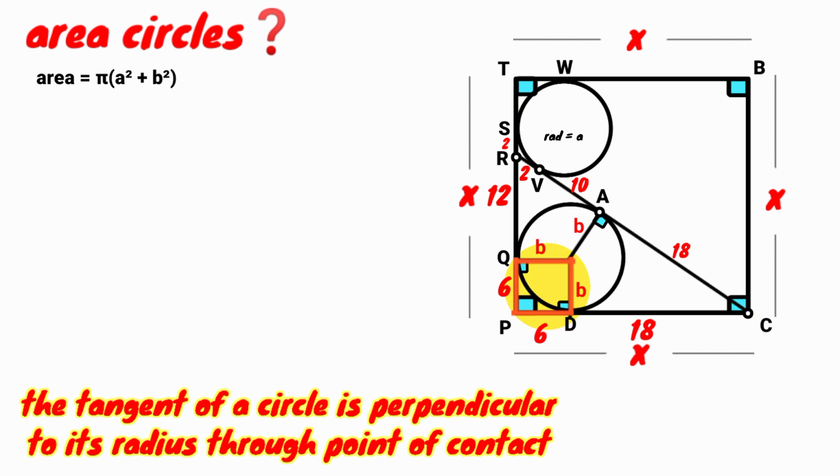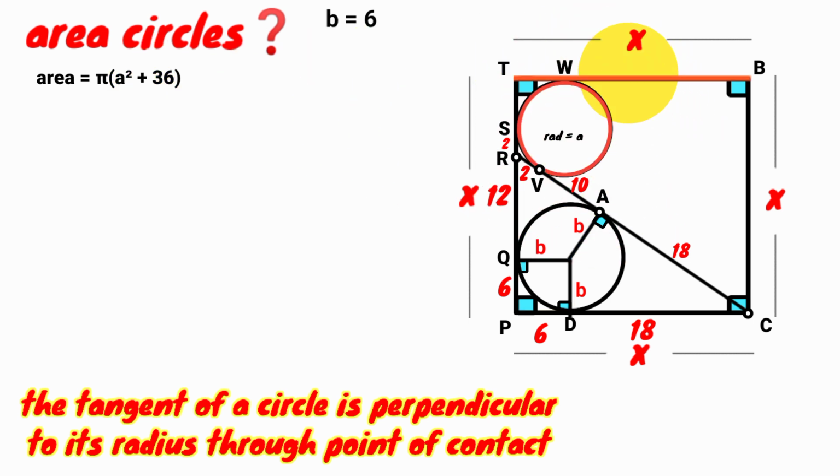Look at this quadrilateral. 3 of its angles are right angles. It is either a square or a rectangle. In both, opposite sides are congruent. That is, this side and this are equal. So since this is 6 and this is b, b equals 6. Substitute it here. 6 squared is 36.